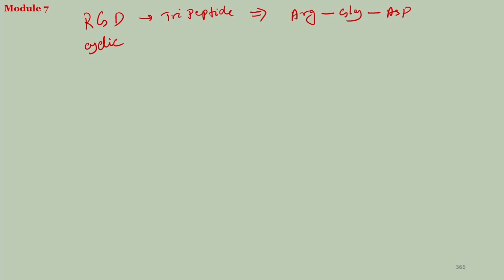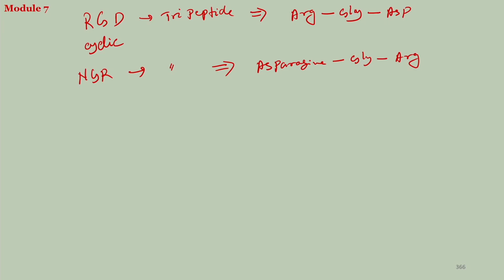So, this peptide RGD or another one called NGR is also a tripeptide which has the sequence of N is asparagine. I am writing the full form here to differentiate from aspartic acid. G is your glycine and R is arginine.